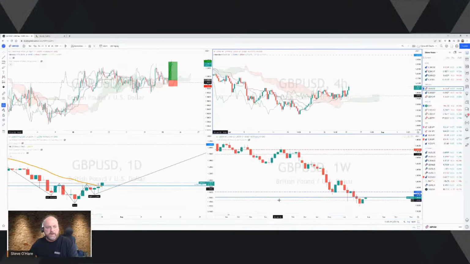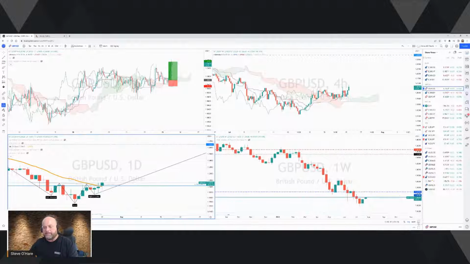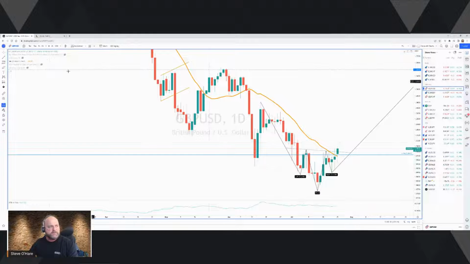So if we go back to this inverse head and shoulders formation, if we do manage to get a stall in the market here, we can provide a measured move target for this of a potential to move back up to 123.40. That's the real technical levels that we're looking at the moment.